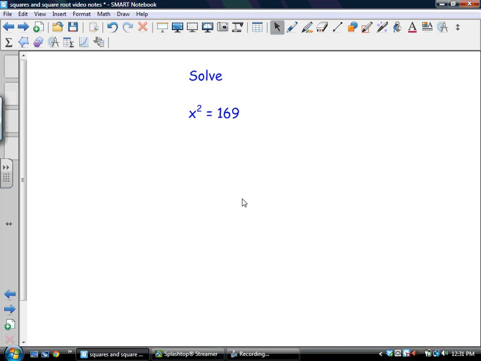Okay? Well, the opposite of squaring is taking the square root. So what I'm going to do here to solve this, to undo squaring, I'm going to take the square root of both sides. Remember, whatever I do on one side, I've got to do on the other.